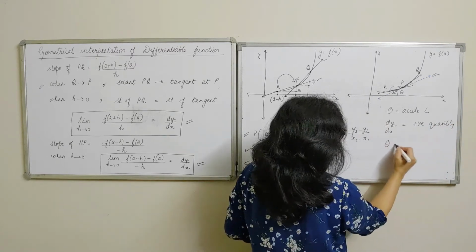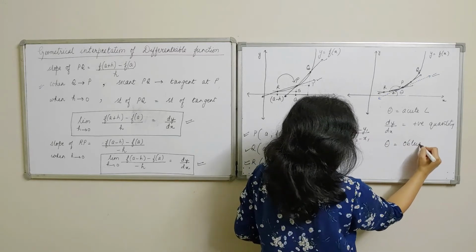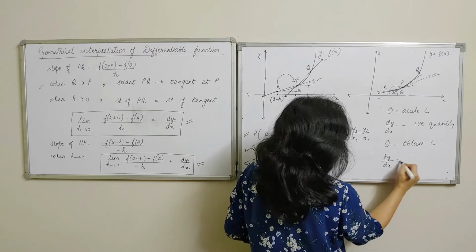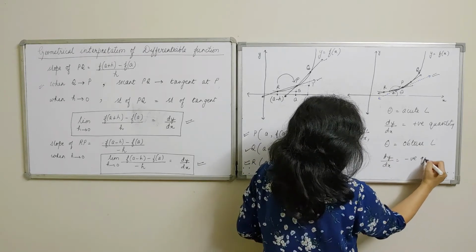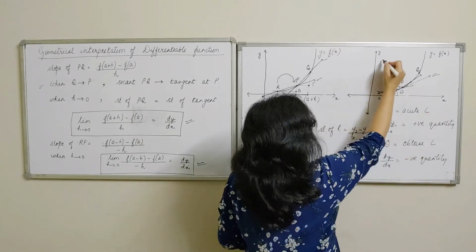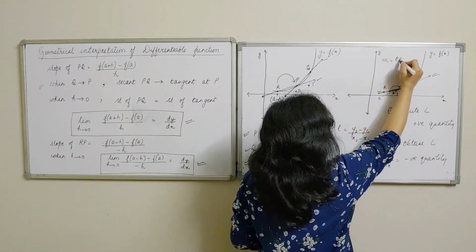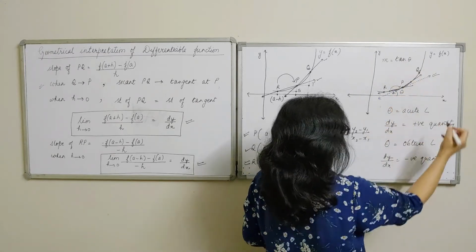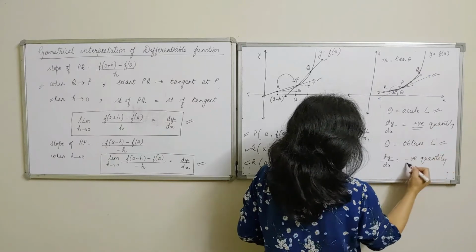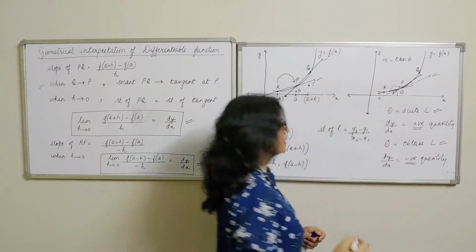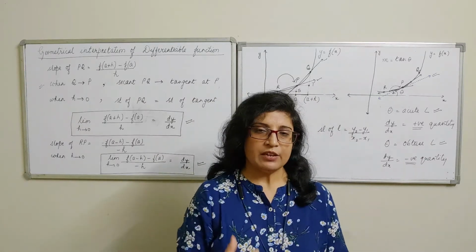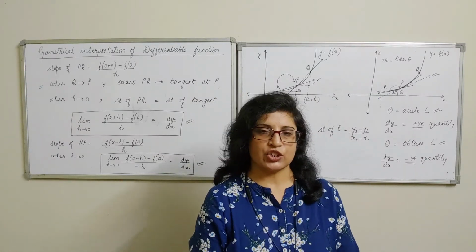And in case this angle is an obtuse angle, the slope of the tangent, which is dy by dx, will be a negative quantity, because we have studied in earlier classes that slope is also given by tan theta, and we know in the first quadrant tan is positive, in the second quadrant the tan function will have a negative value.